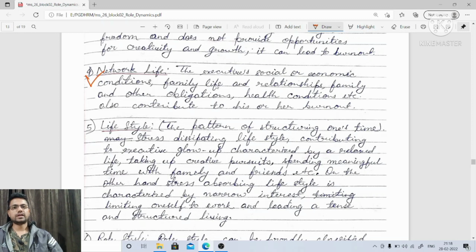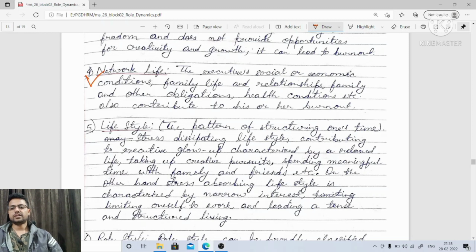Network life means how the person is related to others. Social and economic condition decides how the person is going to be related to other people in the society, and likewise family life and relationships, family and other obligations. So all these things contribute to his or her burnout.